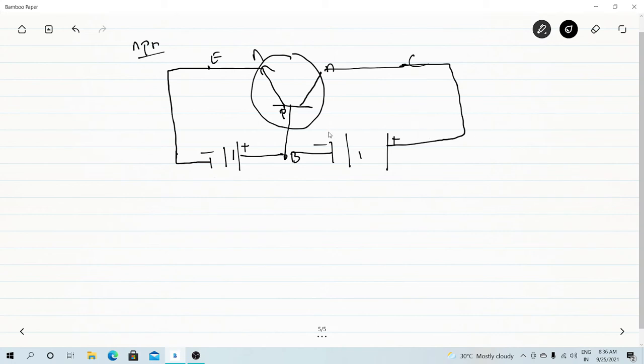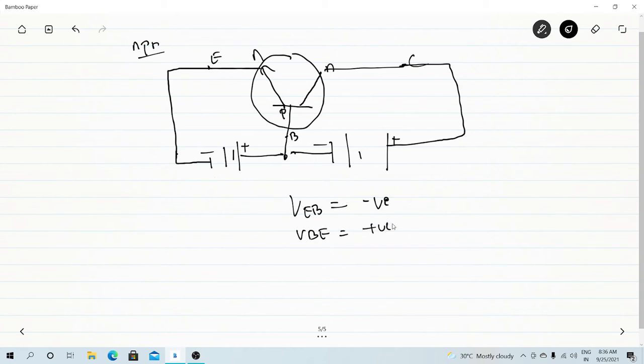So tell me what happened. This is, let's say, base. Tell me, VEB will be what? VEB will be negative in this case, or you can say VBE should be positive.